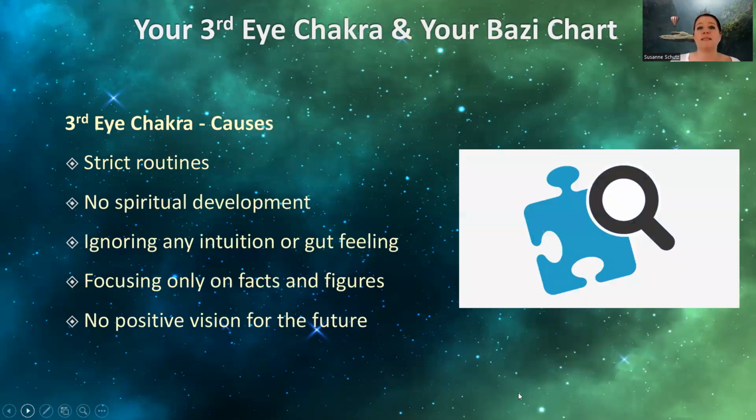Now, what causes this? Especially if you already see it in a natal chart. A third eye chakra block is very often caused if you are brought up in a household where you have extremely strict rules and routines. If you have very strict rules and routines, you're not really allowed to think outside the box, try new things, to intuitively act.